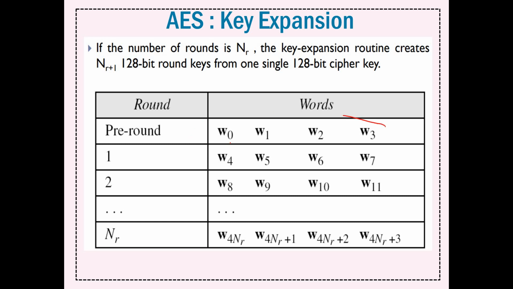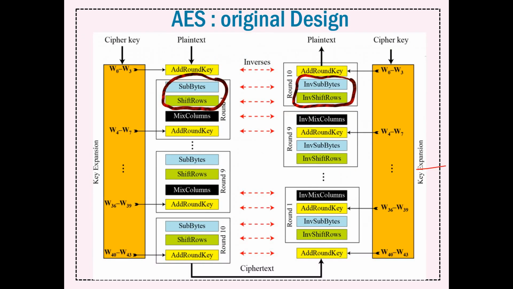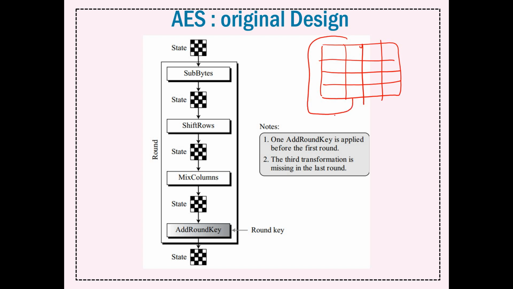So if you remember, we were discussing something in terms of words. Words were nothing but, if I consider an array, I don't think we have a diagram here, but maybe I'll just show you that suppose this is my 4x4 array. Each of these columns will indicate one word. So this will be word 0, this will be word 1, this will be word 2, and the final will be word 3.